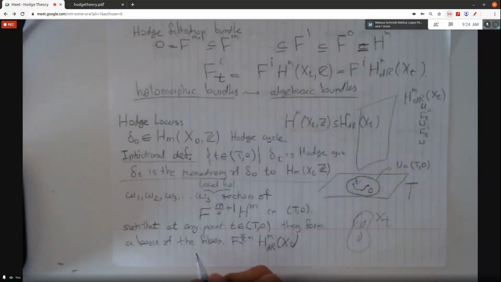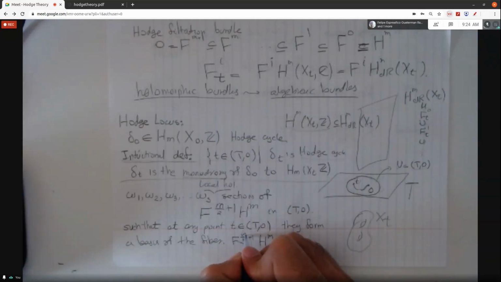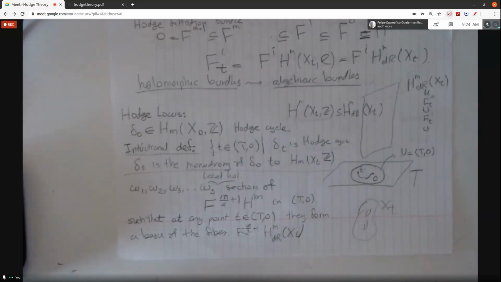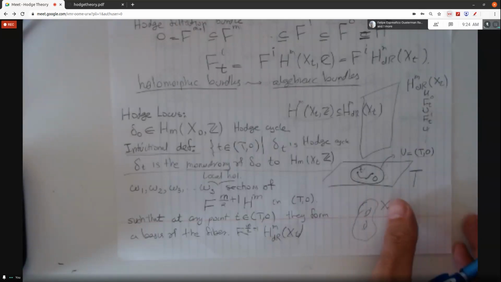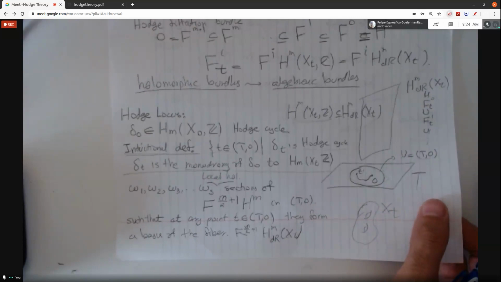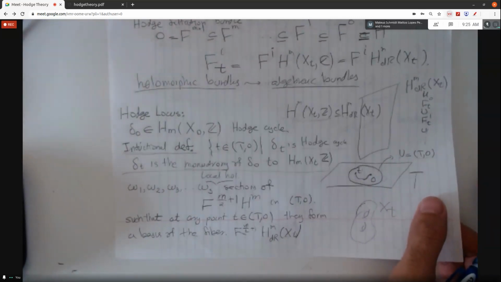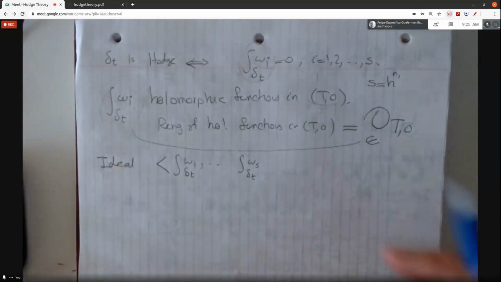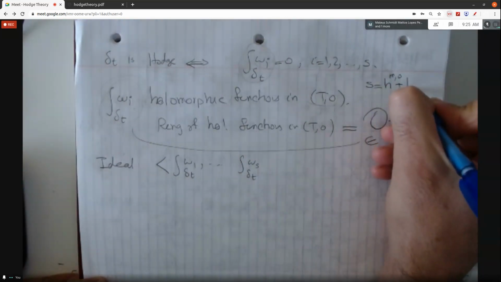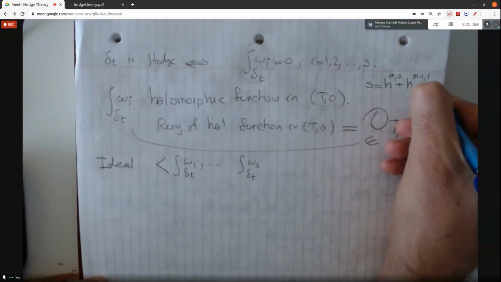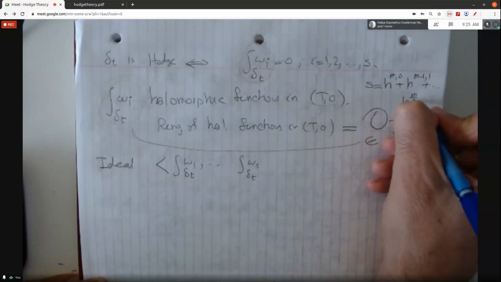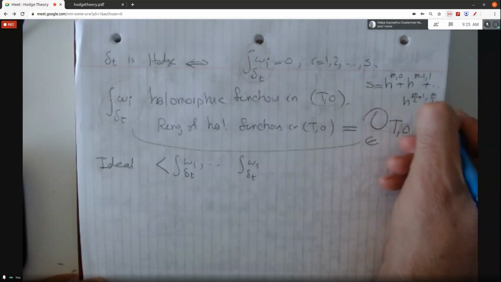N for me will always be the dimension, the dimension of X, and in the hypersurface case, n will be the same as m. But in general, I will use m for some number between 0 and 2n. So this is h^{m,0} plus h^{m-1,1} plus these Hodge numbers until h^{m/2+1, m/2-1}.